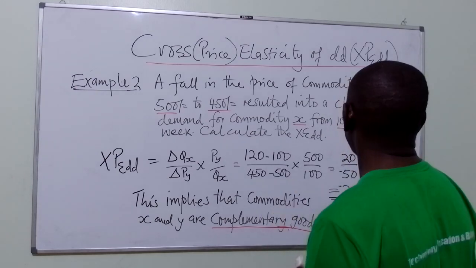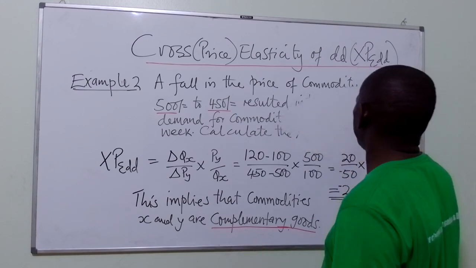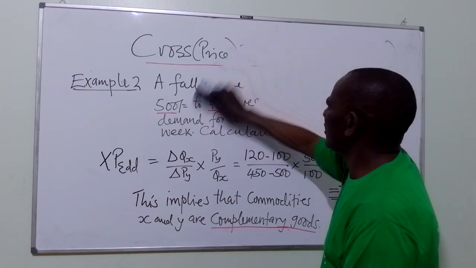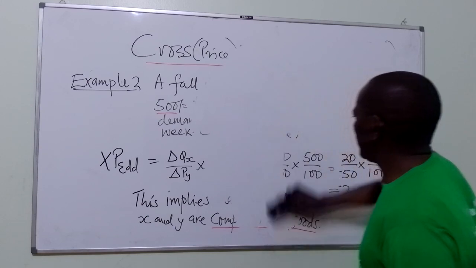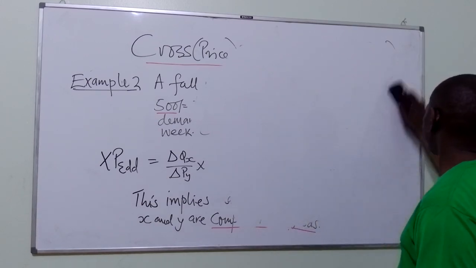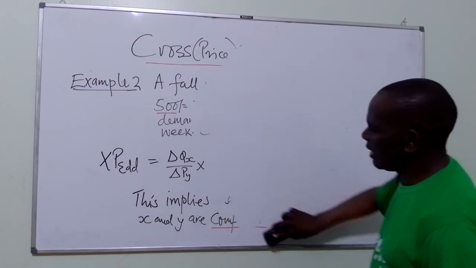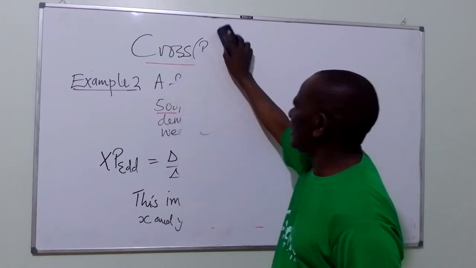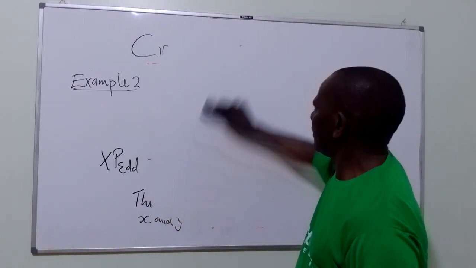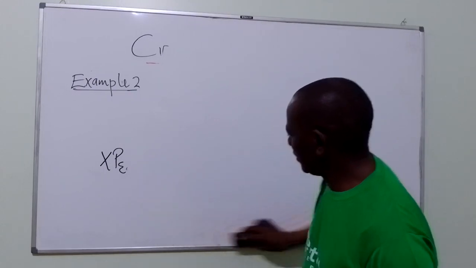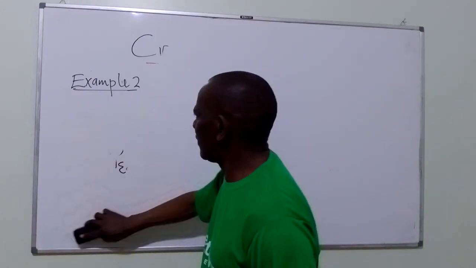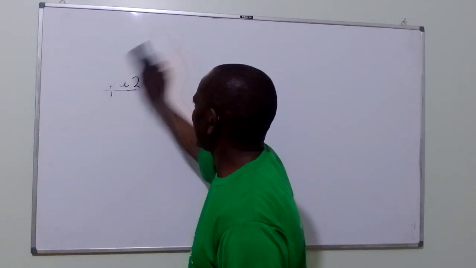So it is very important you master what we call elasticity. Don't ignore it. Don't say it is a very difficult topic, and I will just look at others and leave out this. Still, it is important to emphasize it to every student of economics that economics is interrelated.